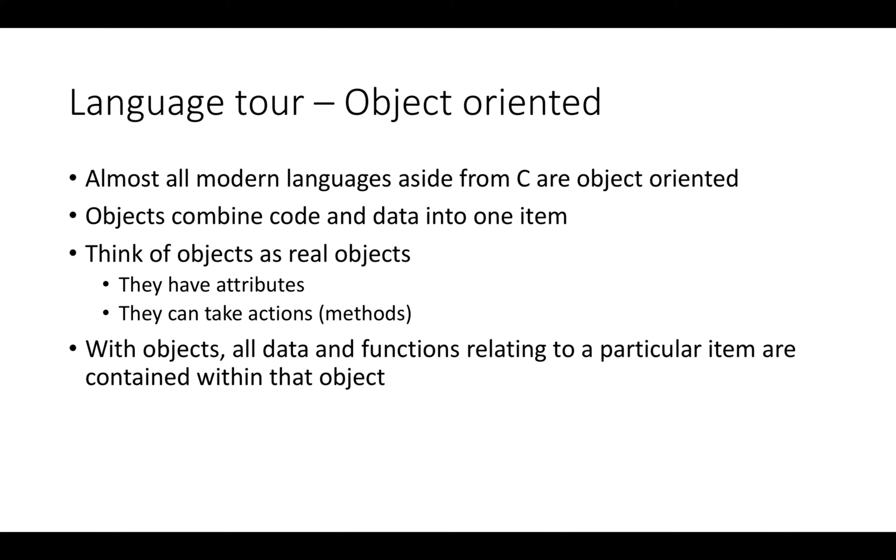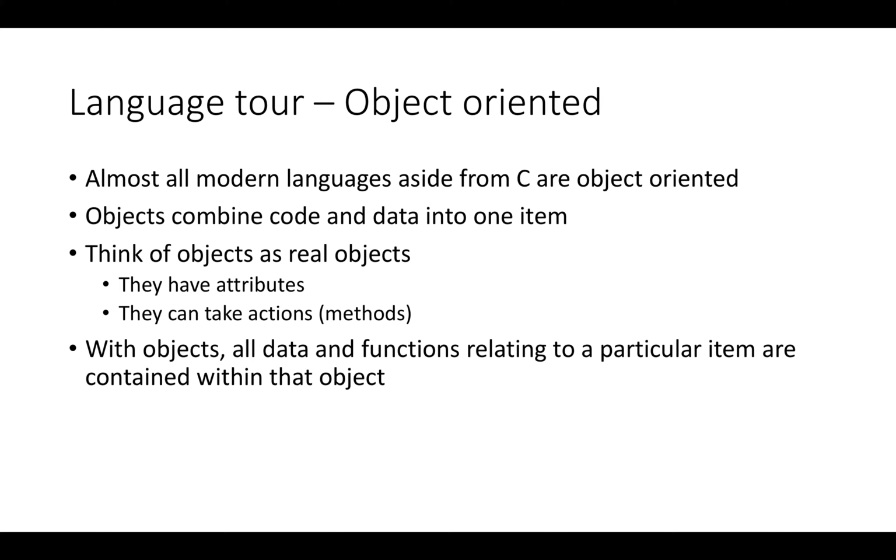And then the final thing we want to talk about is object-orientedness. Basically, I think all the languages we're talking about today are object-oriented languages. So when we say object-oriented, we're talking about combining code and data into one item. One of the things we end up doing a lot is we have functions, we have to pass in arrays, we have to pass in things as parameters, but with objects we can combine the code and the data into one item.